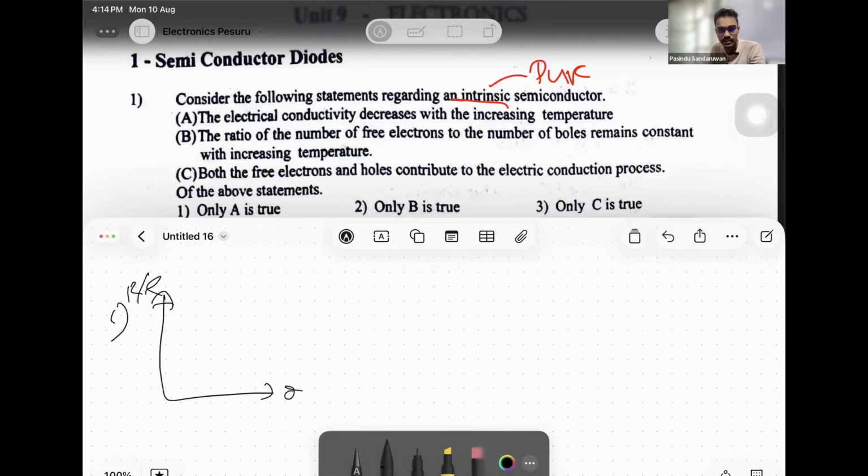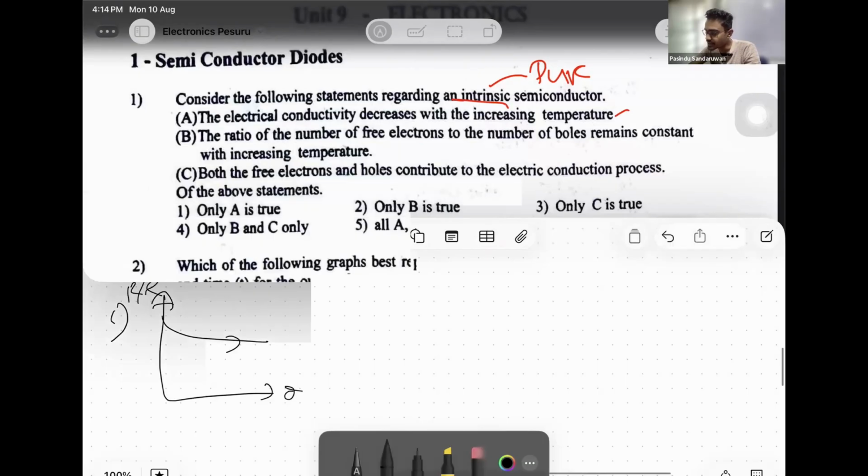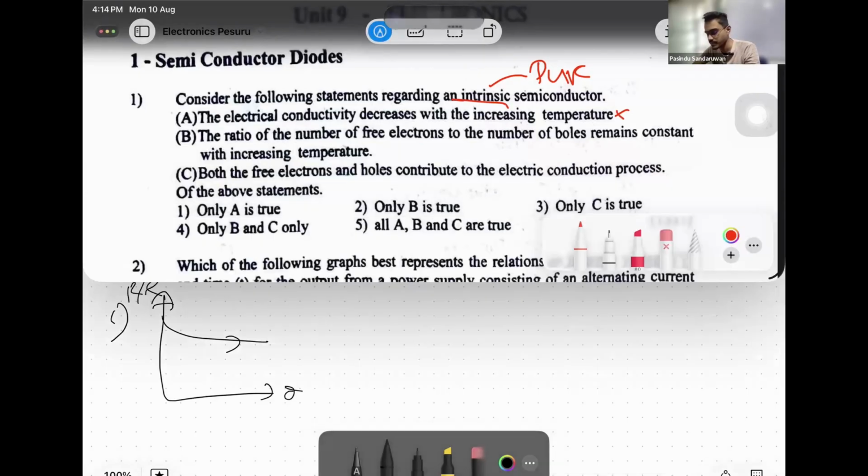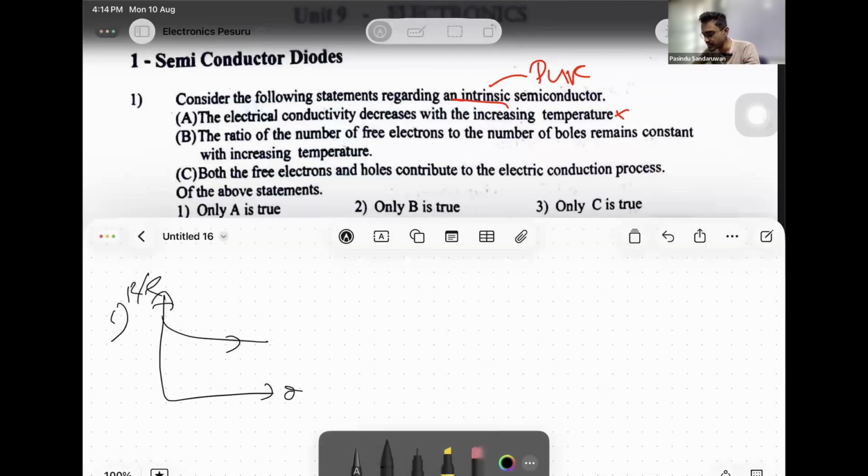This is how it varies with temperature. Resistance decreases a bit, then conductivity increases. So the first one is wrong. When temperature increases, conductivity also increases, because resistance decreases and conductivity increases.